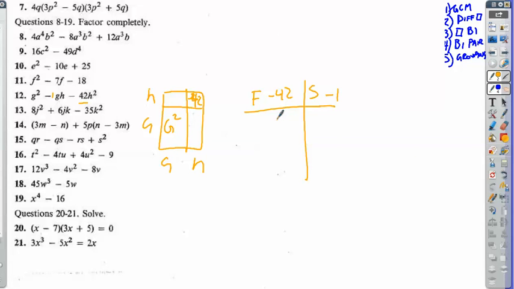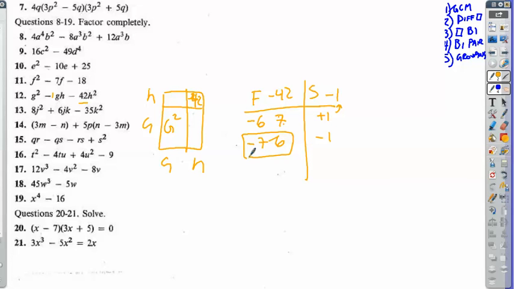It's a little more organized list of data, so I'm going to go with it. So what times what is negative 42? Well, I know that 6 and 7, so let's say negative 6 and 7. Well, what is the sum of negative 6 and 7? It is positive 1. Oh, so close. I want negative 1. So how about negative 7 and 6? And I have a winner.